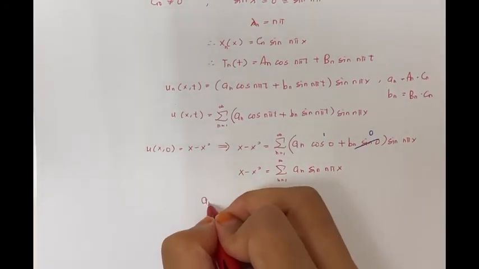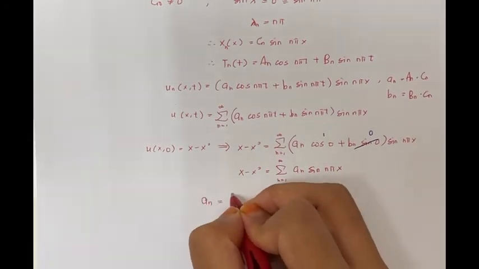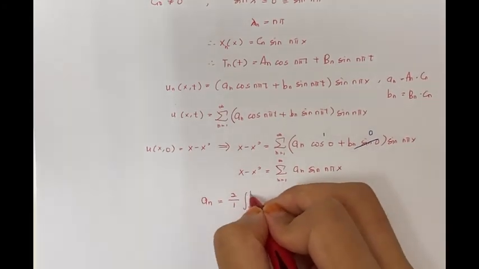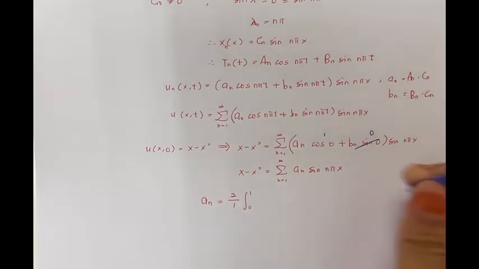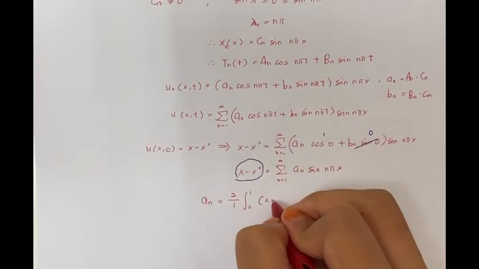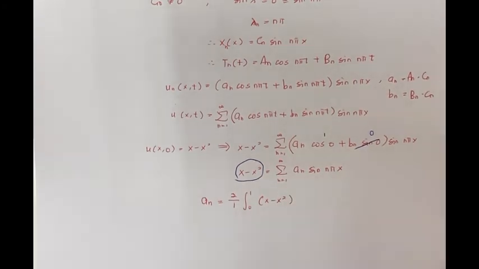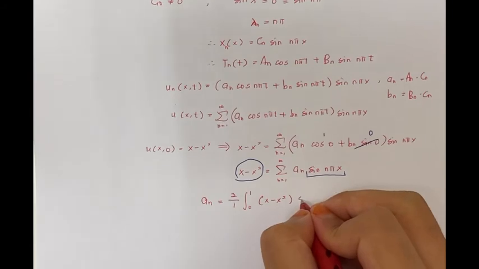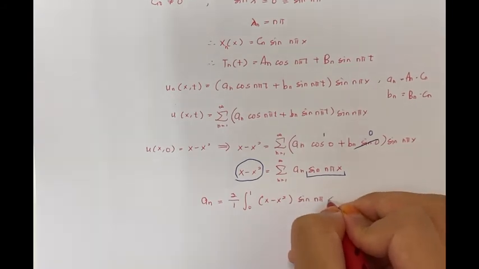Okay, now find what is a_n. To find a_n is equal to 2 over L, L is 1, integral 0 to 1, and then f(x). Again, this is your f(x): x minus x squared, and then copy this sin n pi x dx.